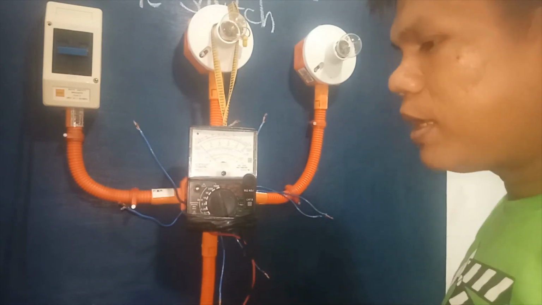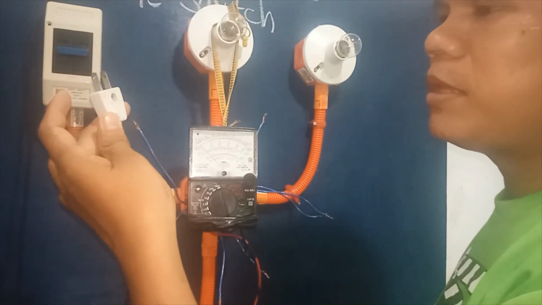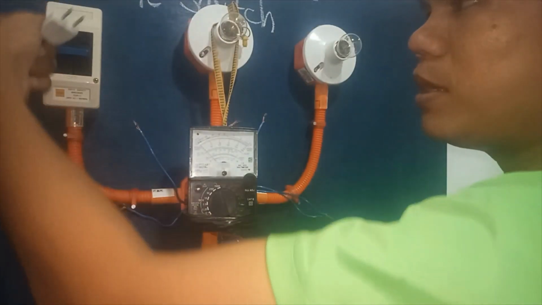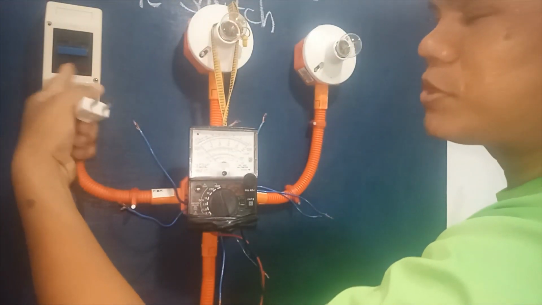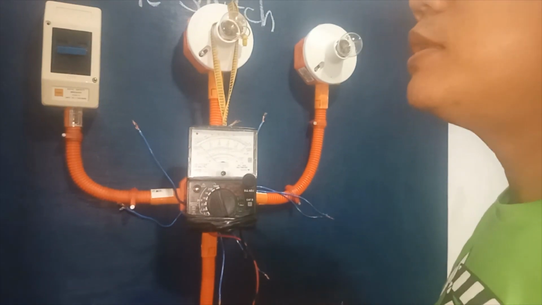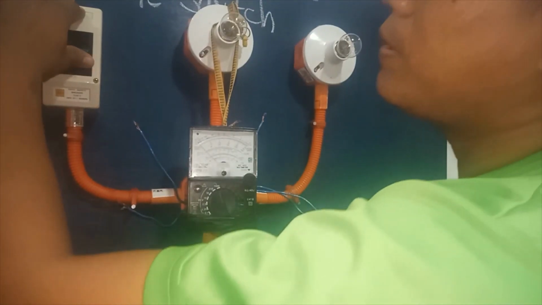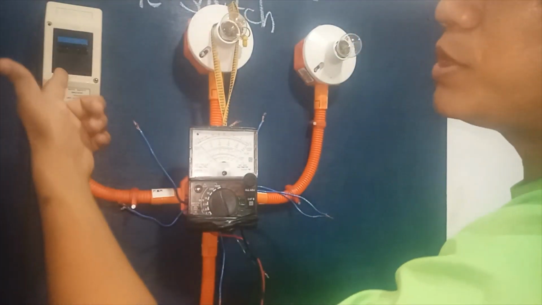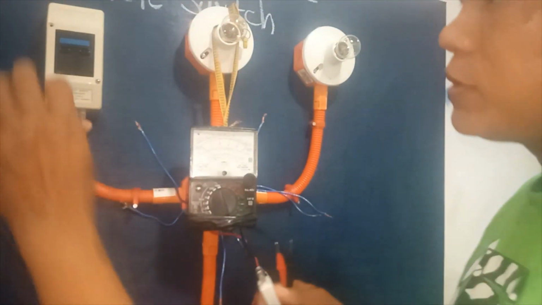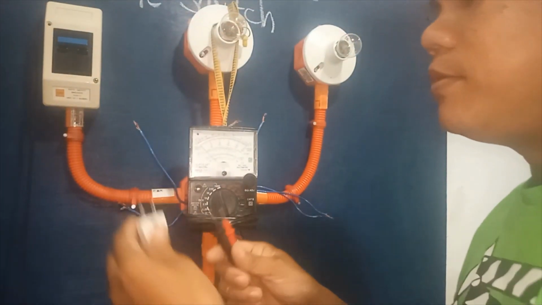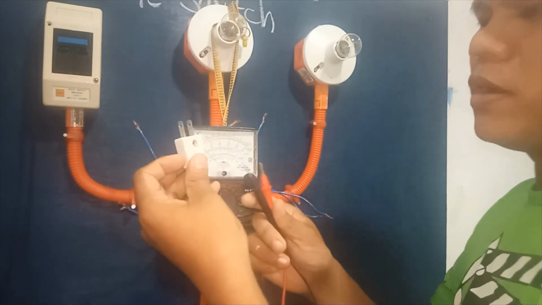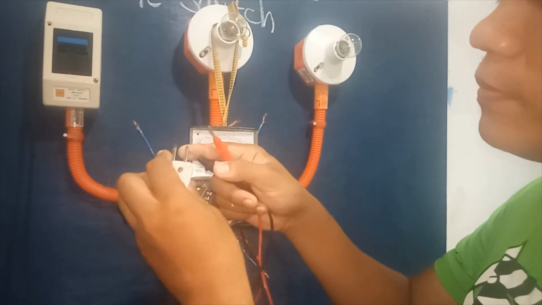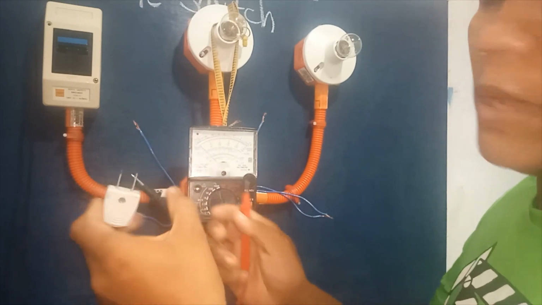So, kunwari ito ang ating line source ngayon, ginagamitan po natin ng main plug at saka dumadaan po dito sa ating circuit breaker. So, ang gagawin natin, of course, switch on muna natin. We will switch it on, upright position, of course, pataas, and then we will test this one, the main plug.